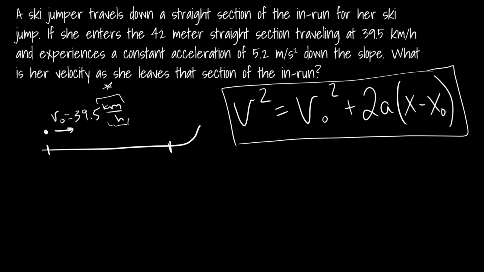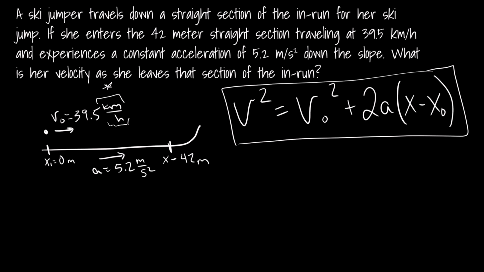And this straight section is 42 meters, so we can call this initial position 0 meters and this final position equal to 42 meters. Okay, and we know that she has a constant acceleration down the hill of 5.2 meters per second squared.